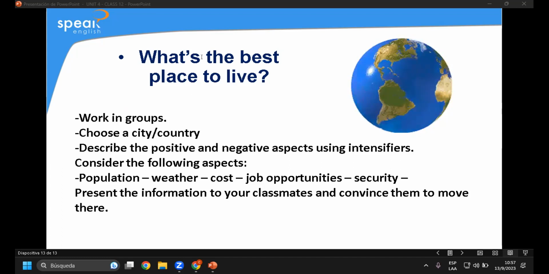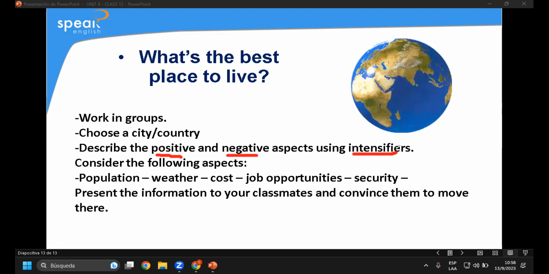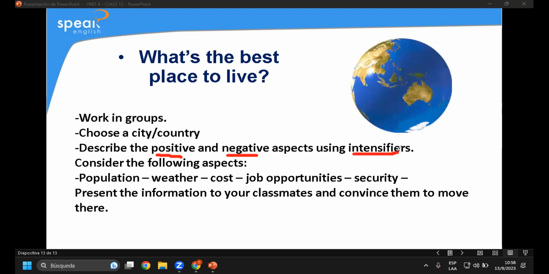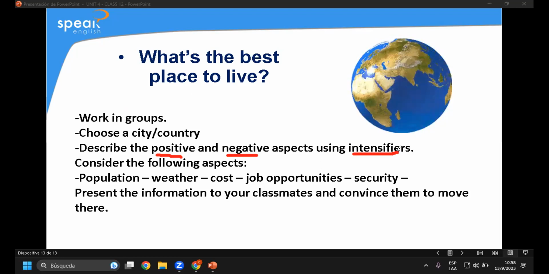Then I want you guys to describe the positive and negative aspects using intensifiers. So if you decide that Tokyo is the best place to live, you have to explain why. Because it's pretty clean.